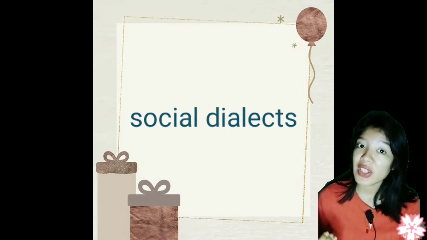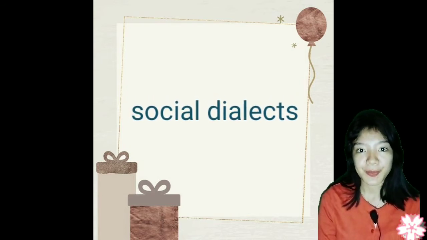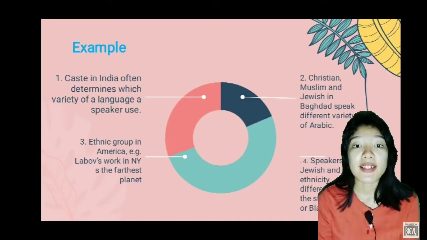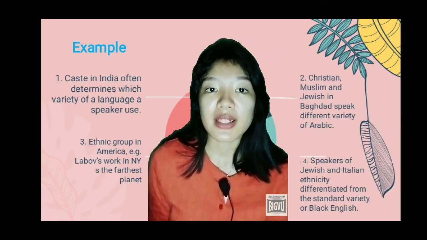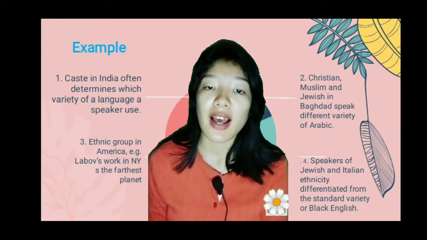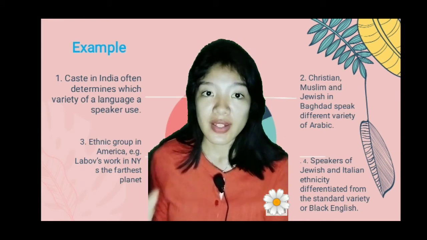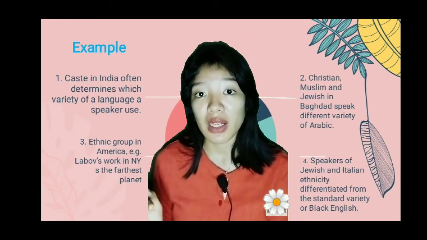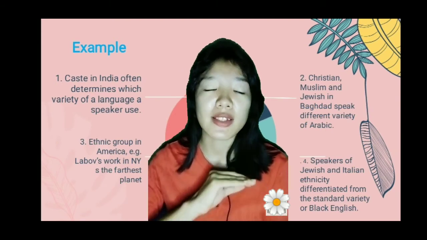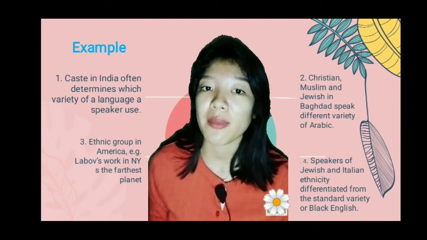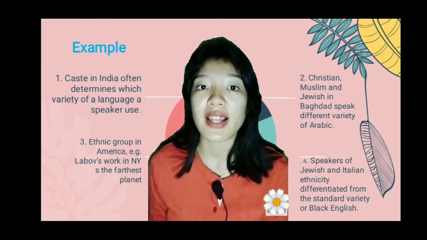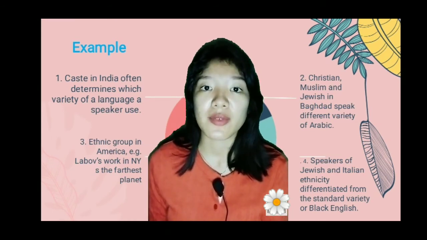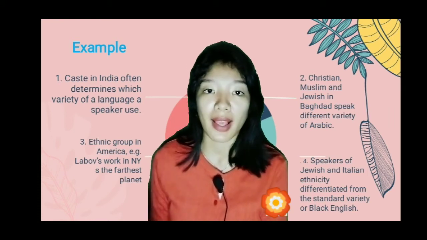Example: caste in India often determines which variety of a language a speaker uses. Christians, Muslims, and Jews in Baghdad speak different varieties of Arabic, and speakers of Jewish and Italian ethnic backgrounds differ from the standard variety of Black English.